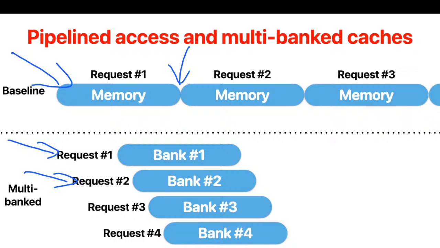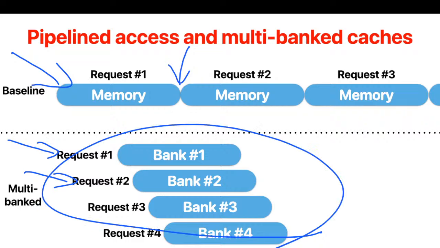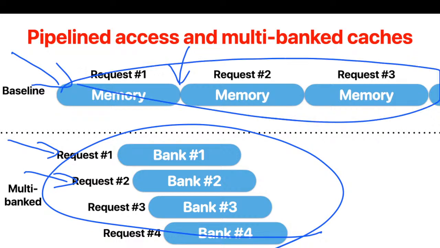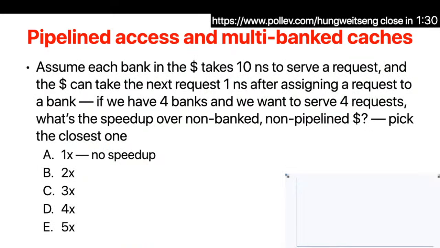So in this way, originally we have 4 serial requests, but now we can parallelize them. So that's the effect of multi-bank and non-blocking cache. So now, given that you know the idea of multi-bank cache, I just want you to see how this could help us.